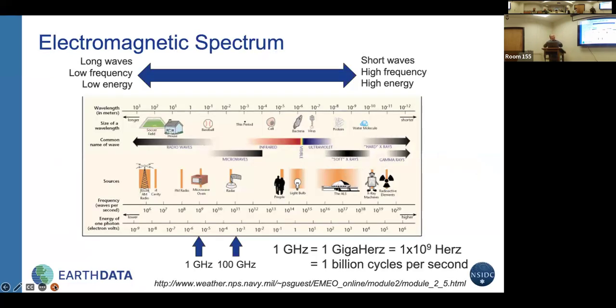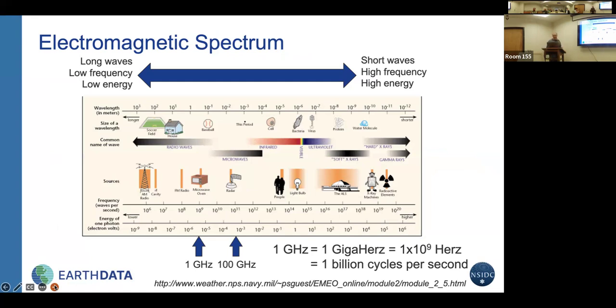So the electromagnetic spectrum spans wavelengths from tiny nanometers and so forth, essentially all the way up to really large scale wavelengths. It's basically emitting in all wavelengths. Long waves have lower frequency, lower energy. Short wavelengths have higher frequency and higher energy.